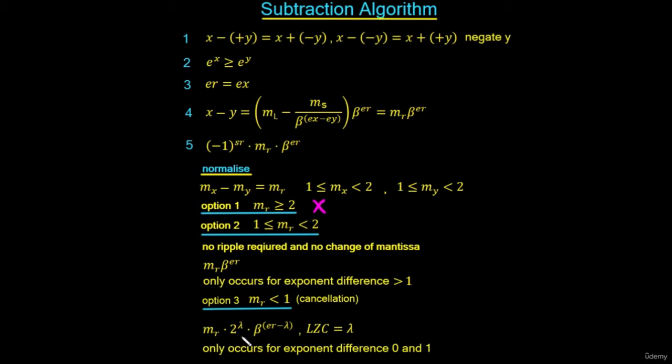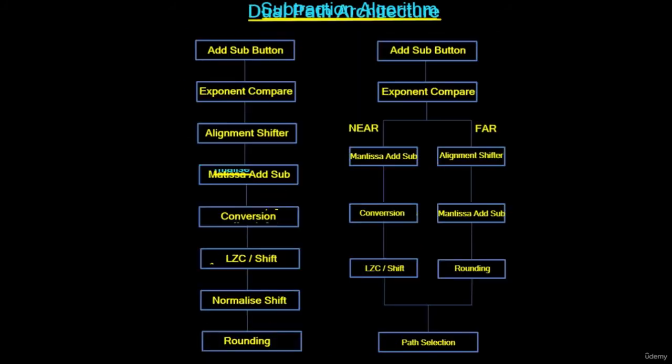So in effect, we're going to have to count the leading zeros, we're going to have to do the shift, and we're going to have to pass on the value lambda to the exponent. So all of that really is taken care of in this part here, which is leading zero count and shift.